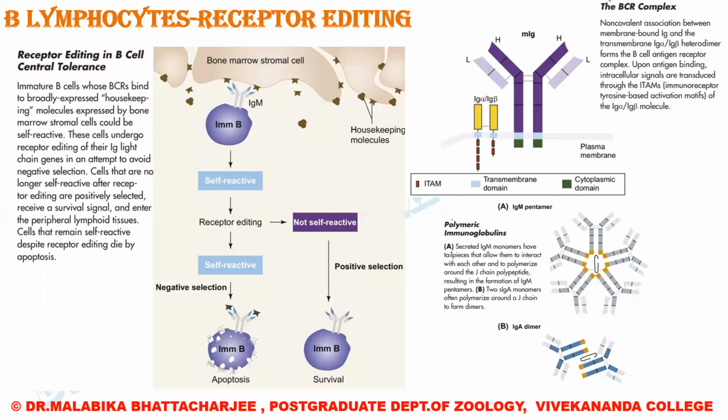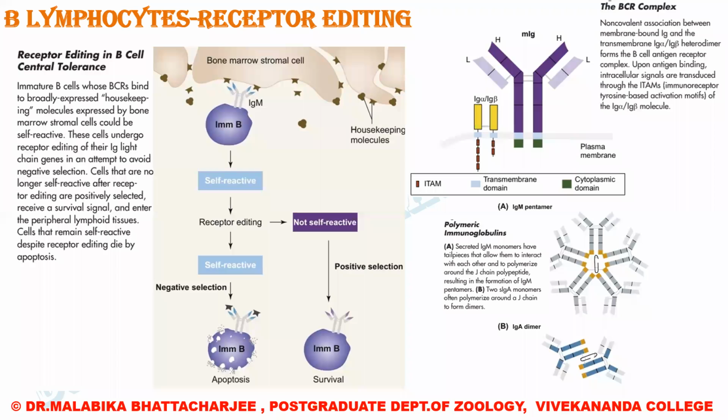A V segment upstream of the already arranged VJ unit is joined to a downstream J segment. If you remember the VDJ or the VJ joining, the V joins with a J. So that has been done. However, if there is a self-reactive antigen, a fresh rearrangement occurs. Another V segment of the kappa light chain joins with the J segment of the kappa light chain.